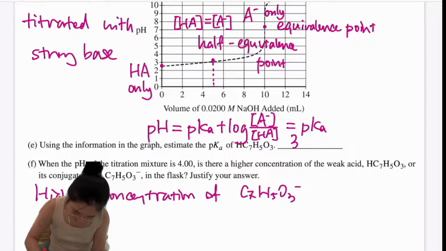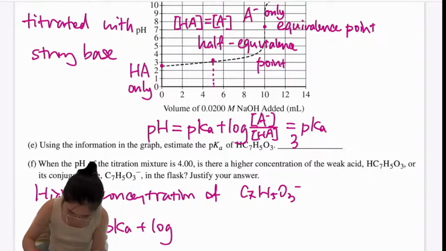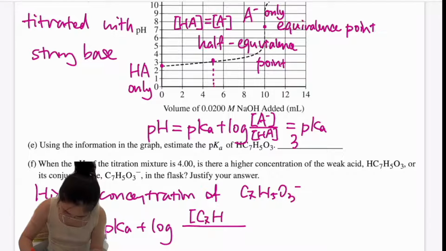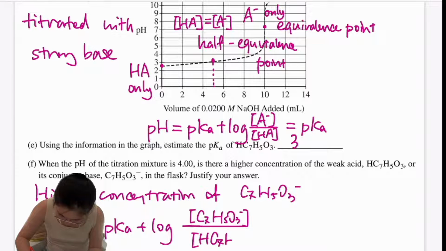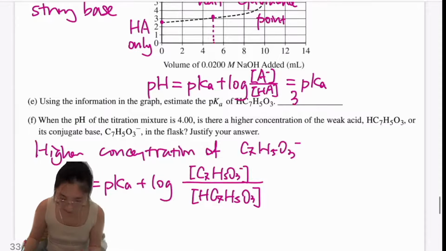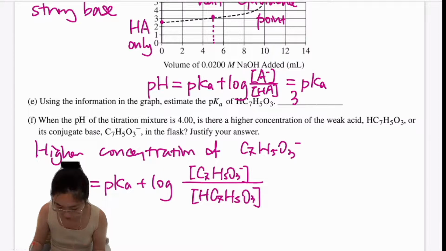And then how I explain it is pH is equal to pKa plus log of the concentration of the conjugate base to the concentration of the weak acid. And I can literally just plug in the pH value and the pKa value.